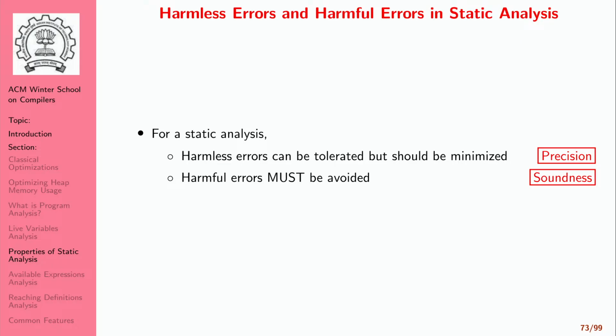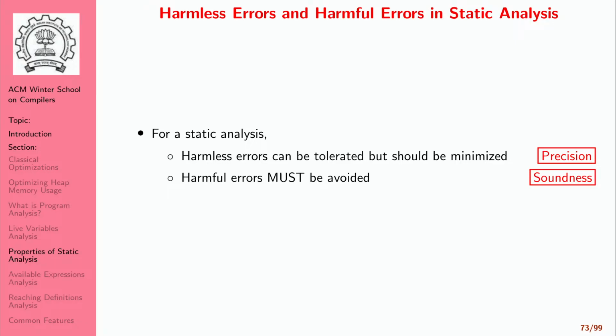It may be erroneous, but it's harmless. But saying no, because of that I won't check anyone at the airport, now that could be a harmful error, right? So similarly, in static analysis, some errors are harmless and some errors are harmful. For static analysis, harmless errors can be tolerated and should be minimized, and harmful errors must be avoided.